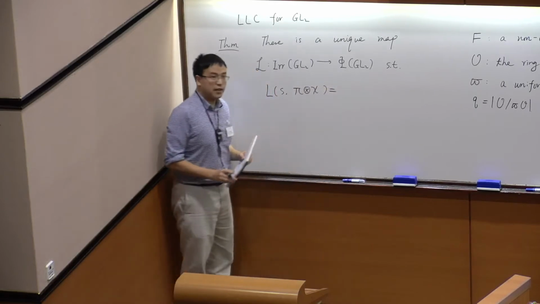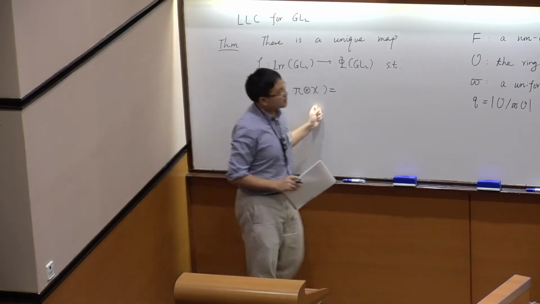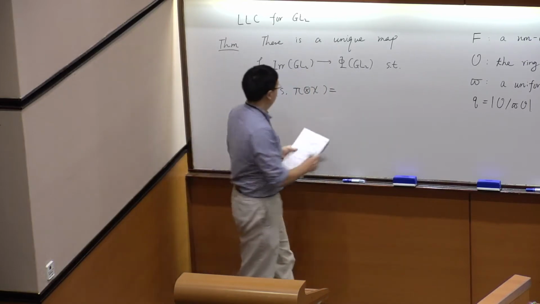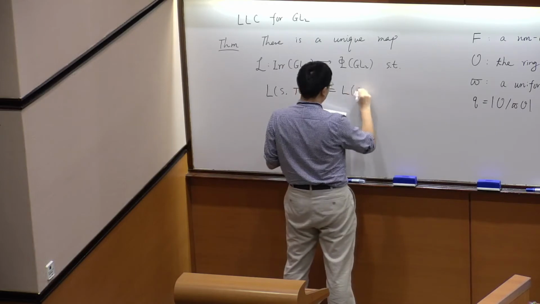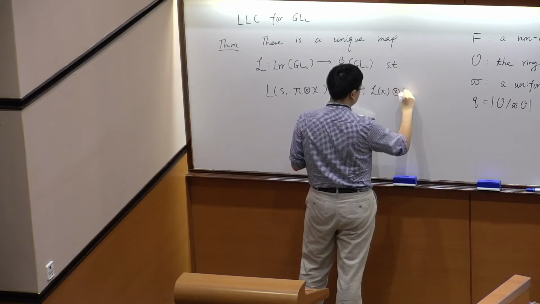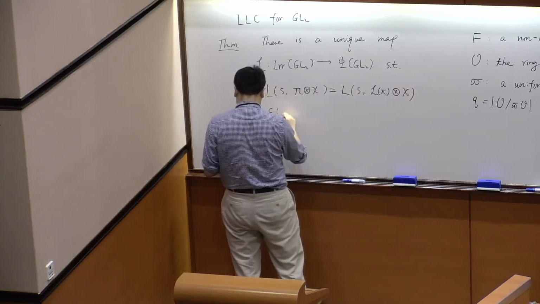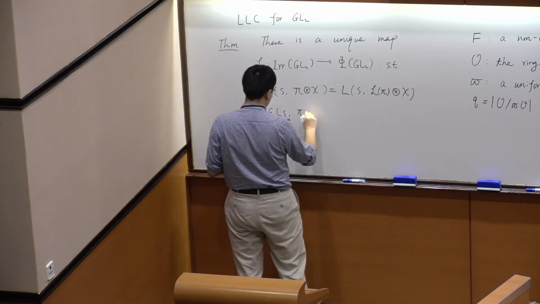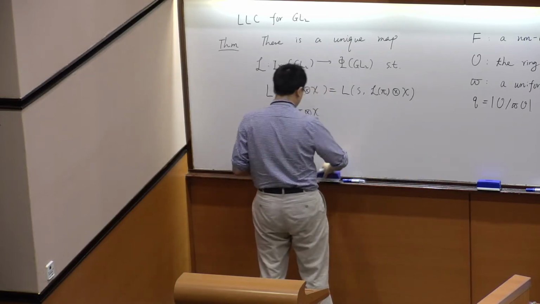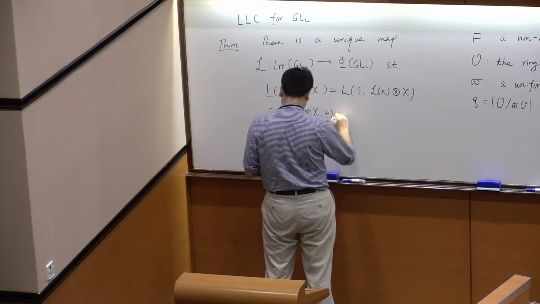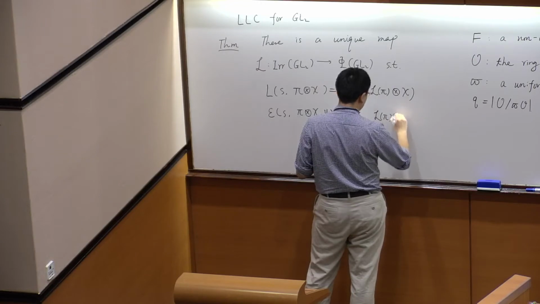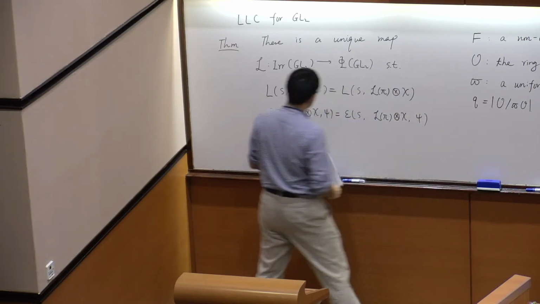Okay, so we need to add more, and to do that, let's twist a little bit. Instead of only considering the GL2 L-factors, we twist with the character χ.